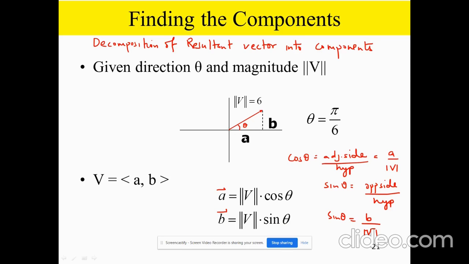The value of a is nothing but v times cos of this angle, because the cos of the angle is adjacent side by hypotenuse. Similarly, the sine of the angle is opposite side by hypotenuse, so you get the value for b as v times sine theta. So if you know the direction and magnitude of a vector, you can decompose it into its components on the x and y axis.